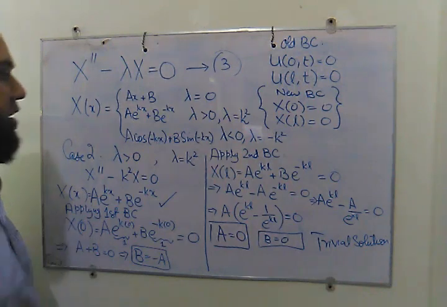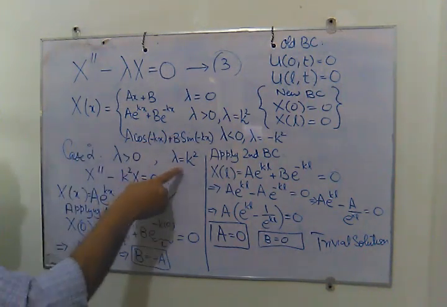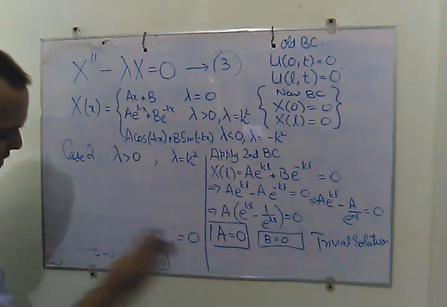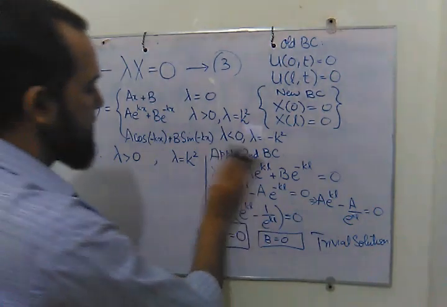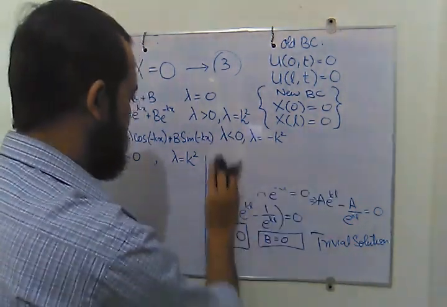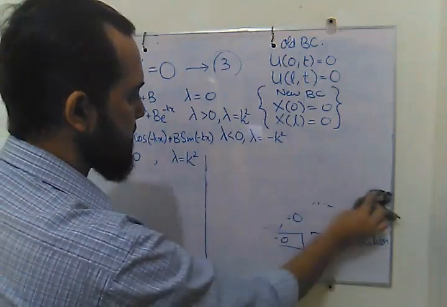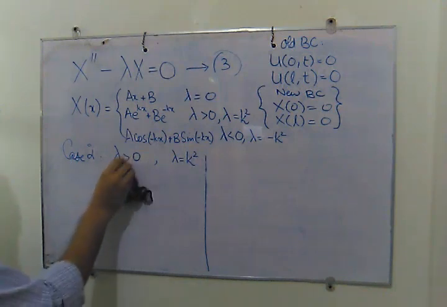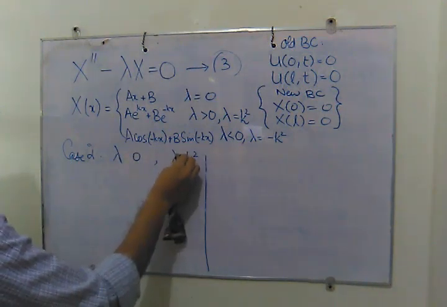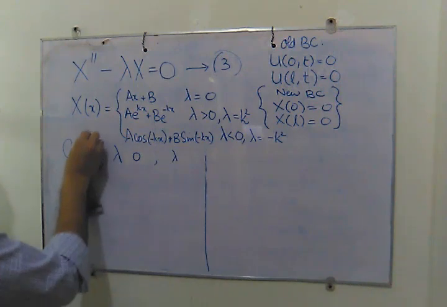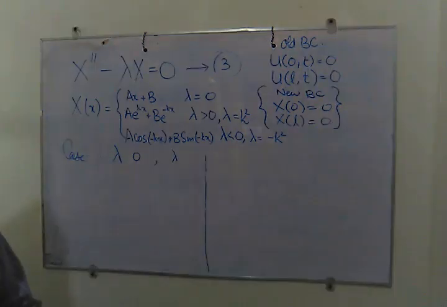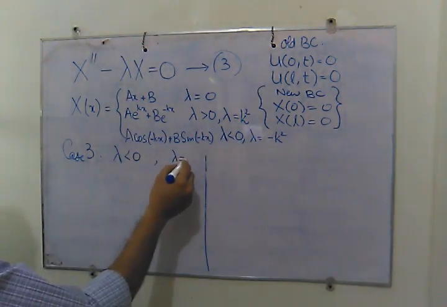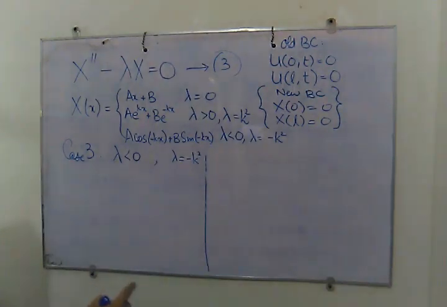In that case, we use case 3 and take lambda less than 0, or negative k square. So we take case 3 where lambda is less than 0 and lambda is equal to minus k square.